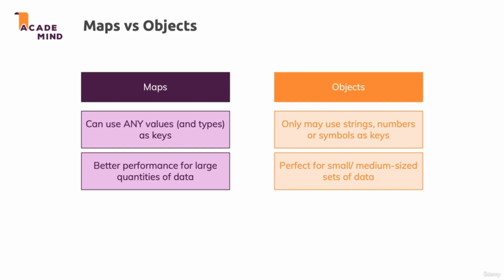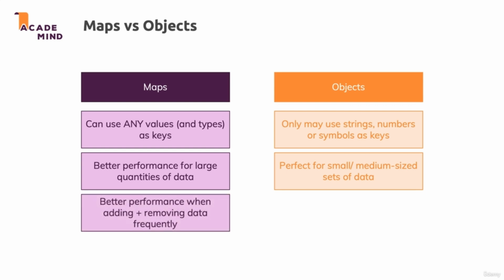Objects, by the way, will also have another advantage, which we'll see once we dive deeper into objects in the Objects Deep Dive module. You can have methods that interact with the data in the object. That's not really possible on maps. So if you have methods that need to do something with the data that's part of the object, that's a strong reason to use an object. Now, maps also can yield better performance when adding and removing data frequently. So if you have some operation which adds key value pairs and removes key value pairs multiple times per second, then a map might be worth a look.